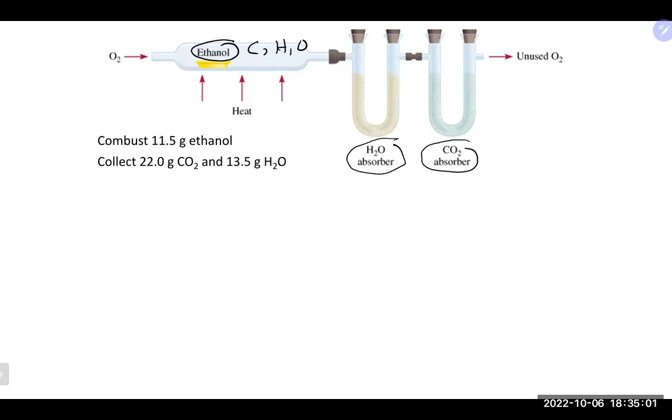As I mentioned before, the CO2 is going to be our source of carbon that was in the original compound. We have CO2, but we're really interested in just the carbon part. This is where we can use the formula as a conversion factor. For every 1 mole of CO2, how many moles of carbon are there? There is 1 mole of carbon, like what we did in those previous problems.